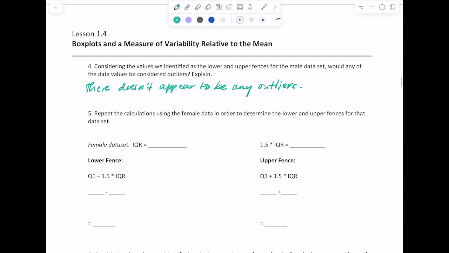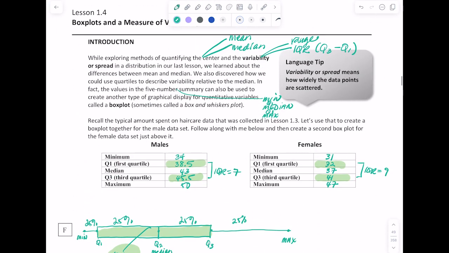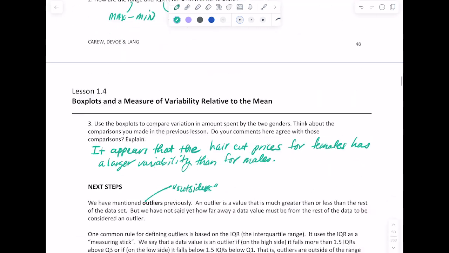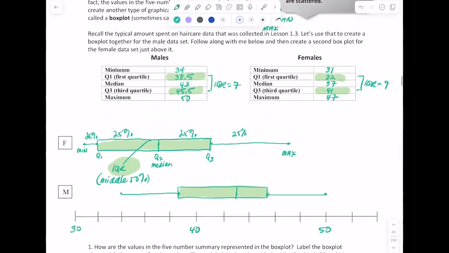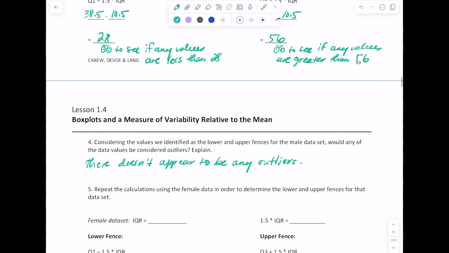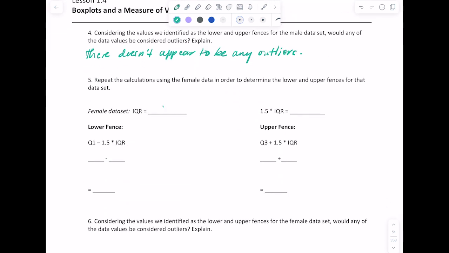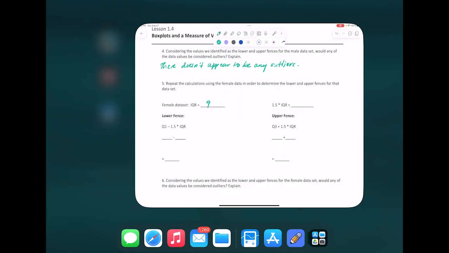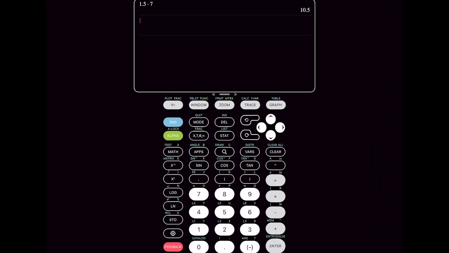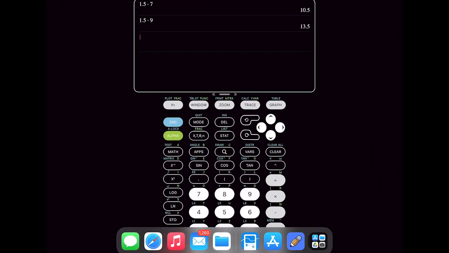You might want to pause the video and practice on your own. So I need the IQR, so that's 9. And we have our quartile 1 is 32, and then 41 for our third quartile. Okay, so we're going to do 9 times 1.5. So that's 13.5.